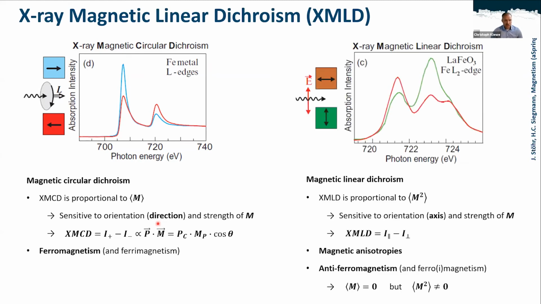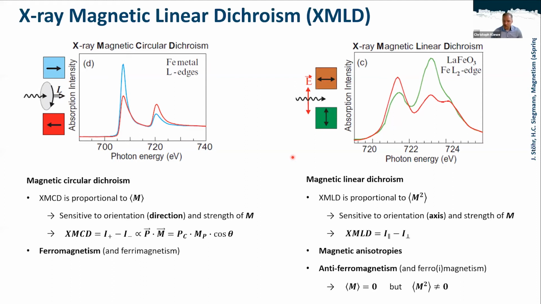Now, alternatively, we can also use linearly polarized X-rays in terms of X-ray magnetic linear dichroism, or short XMLD. And this is sketched here. In contrast to the XMCD, the XMLD is sensitive not to the expectation value of the magnetization, but to the expectation value of the square of the magnetization.